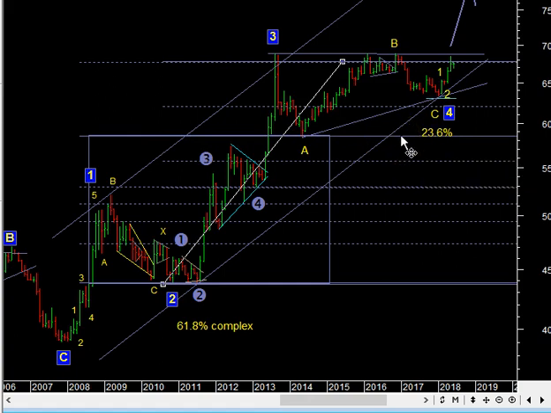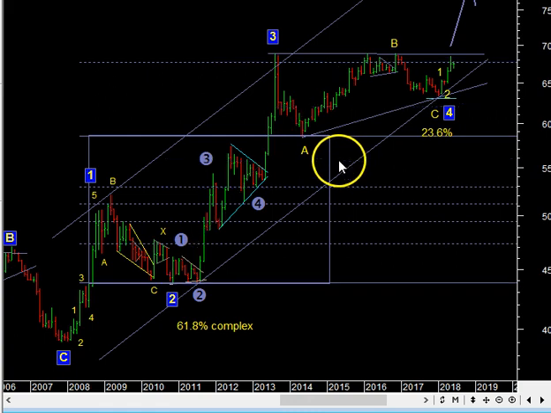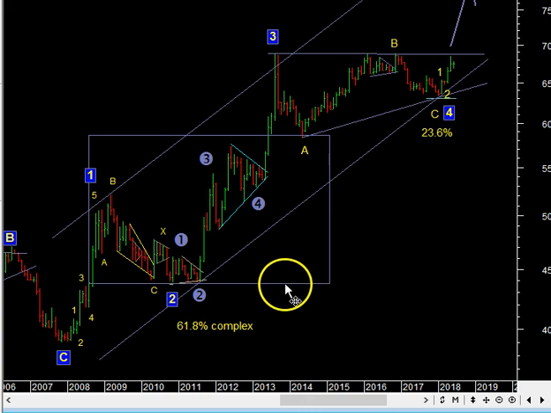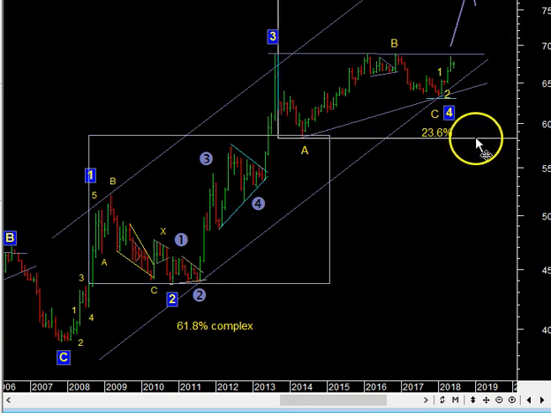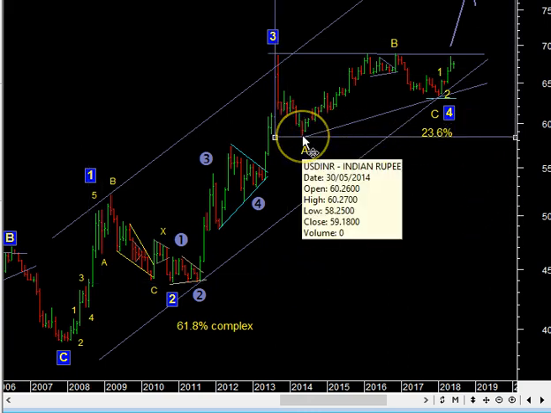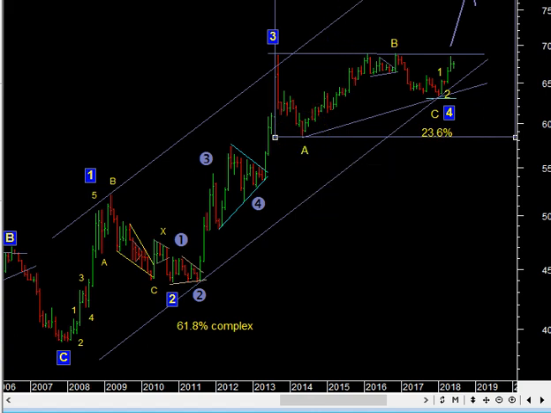And so then once you have that number, all you had to do is project the fifth wave as equality from the 58 level.